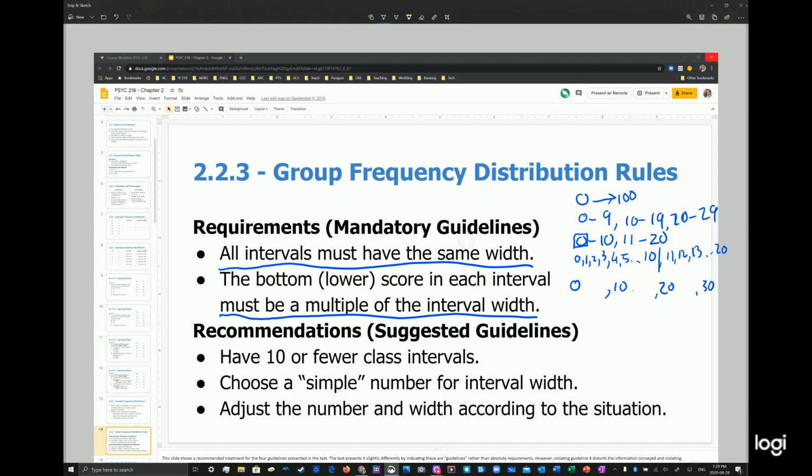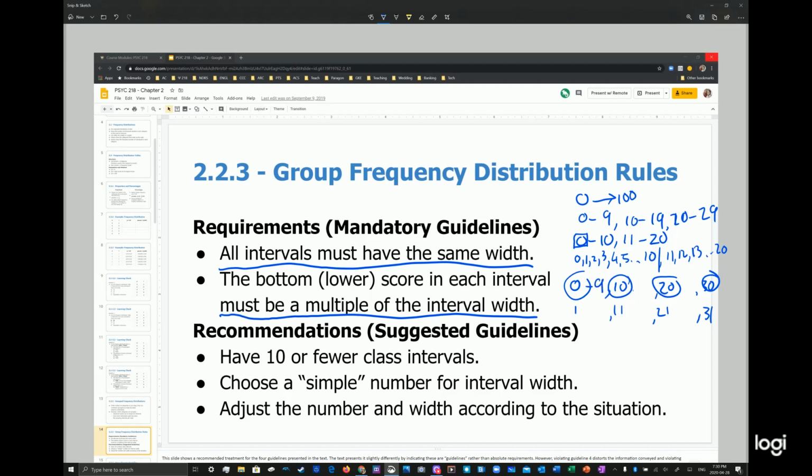I did not go 1, 11, 21, 31, and so on, because 10s and 20s and 30s and 0 are multiples. Yeah, 0 is like 10 times 0, which is 0. Anything times 0 is 0. But 11 is not a multiple of 10. Neither is 21 or 31. Again, keep that in mind, which is why it might look strange at first.